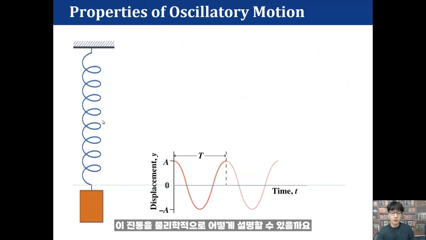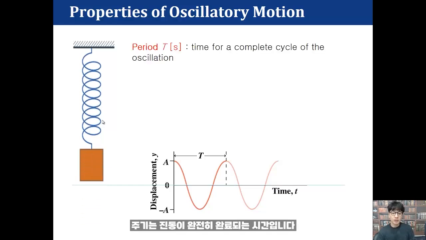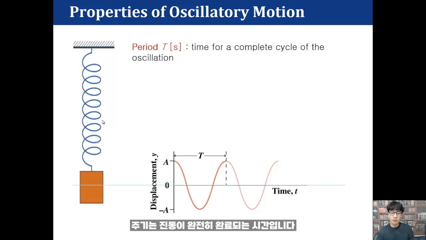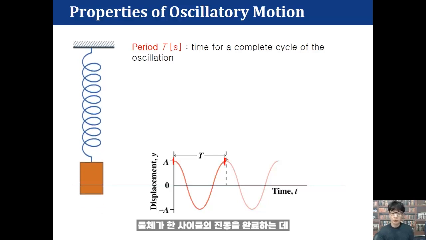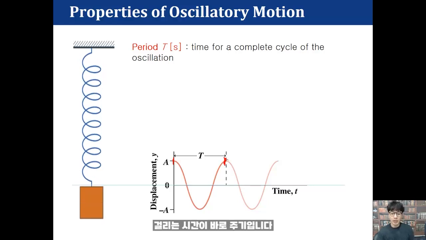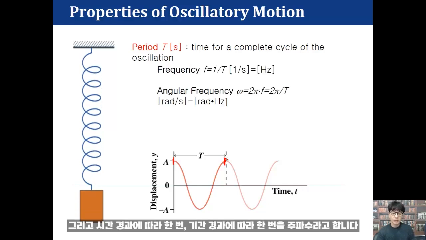How can we describe this oscillation in physics? You need some parameters. One parameter is called period. Period is the time for a complete cycle of the oscillation, how long it takes for the object to undergo one complete cycle. That time is the period. And 1 over period is called frequency.